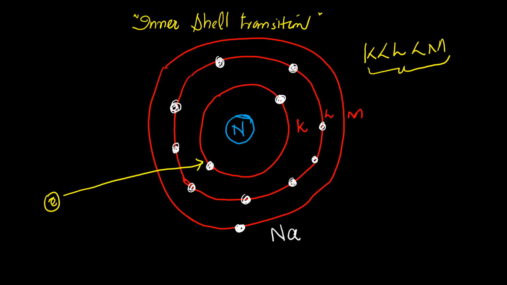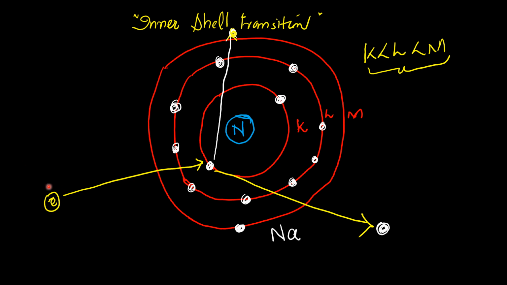Due to the incident electron, an electron will be ejected and it will move away from the atom. And similarly, the electron which is incident will be deflected and it will also move away from the atom.